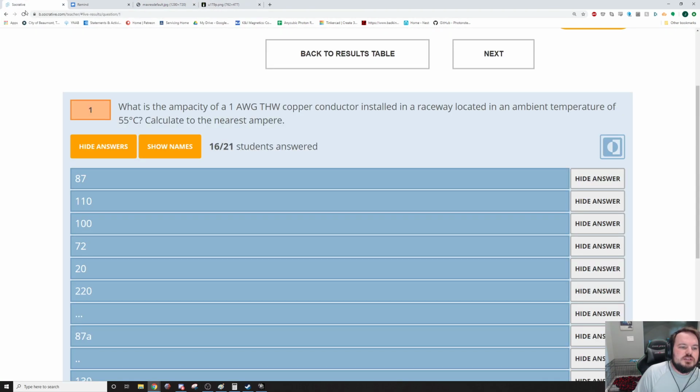All right. So we got a couple more people watching now. What is the ampacity? My phone's going off in the other room. What is the ampacity of a 1-gauge THW copper conductor installed on a raceway located in an ambient temperature of 55 degrees Celsius?